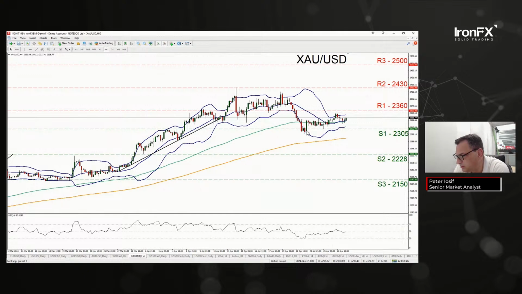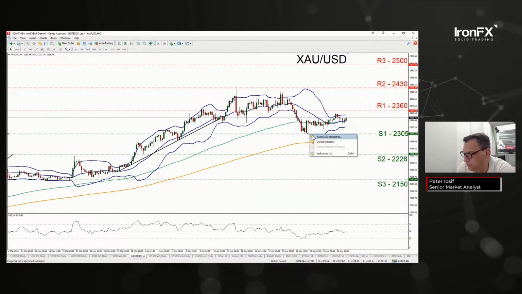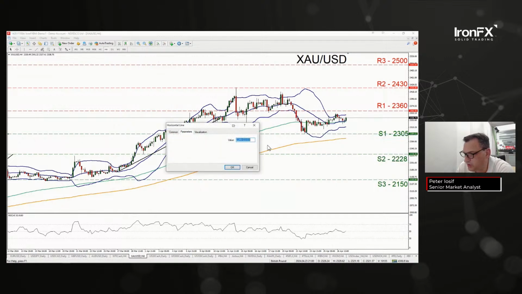2228. Now, there are some which could be discussing the possibility of a lower S1. I wouldn't be neglecting that, in the sense that I wouldn't be surprised to see people placing the S1 right here. It was a level which provided support, and that would be around the 2290.